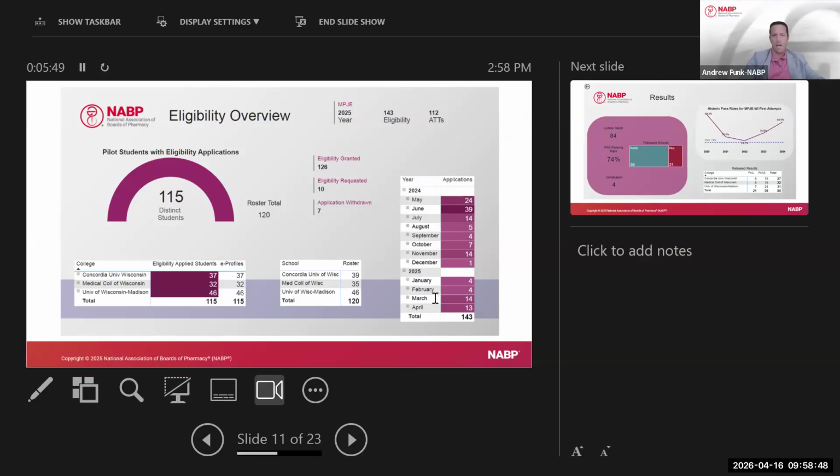You can see here, by administering this early during non-peak times, individuals are able to take that exam with some flexibility during their P4 year, and have an easier opportunity to get into those testing sites and schedule it conveniently, without as much difficulty in scheduling.